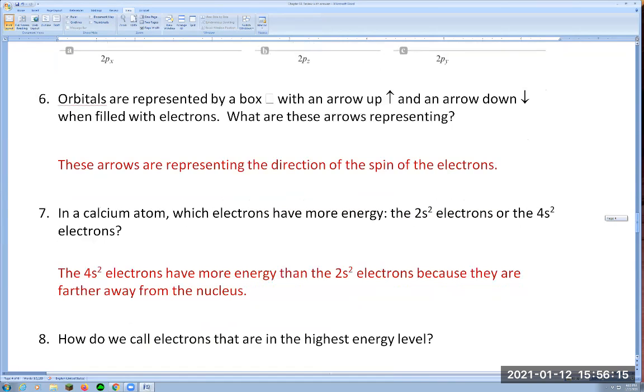And question 8, what do we call electrons that are in the highest energy shell? For each atom, there is a specific number of electrons when it's the neutral atom. Electrons are filling shells, but they are not filling all of them. So the highest energy level for a given atom is called the valence shell.